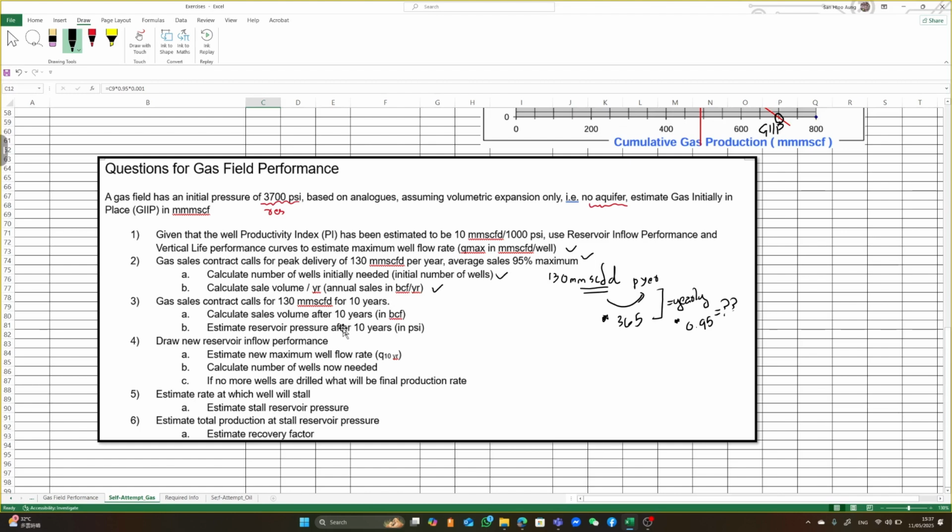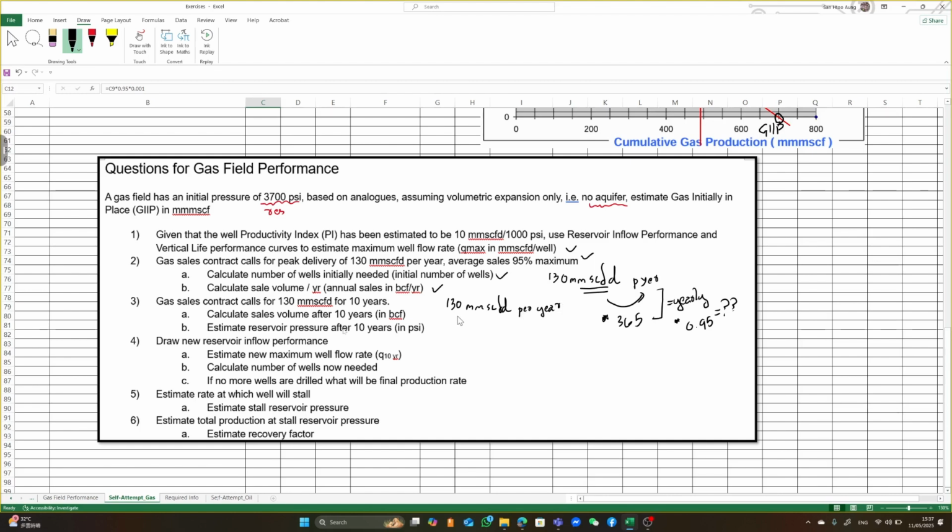So they want us to calculate the sale volume after 10 years. Before we go into the spreadsheet, let's break it down piece by piece so that we know what we are doing. They want us to produce 130 million standard cubic feet per day, per year, for 10 years.